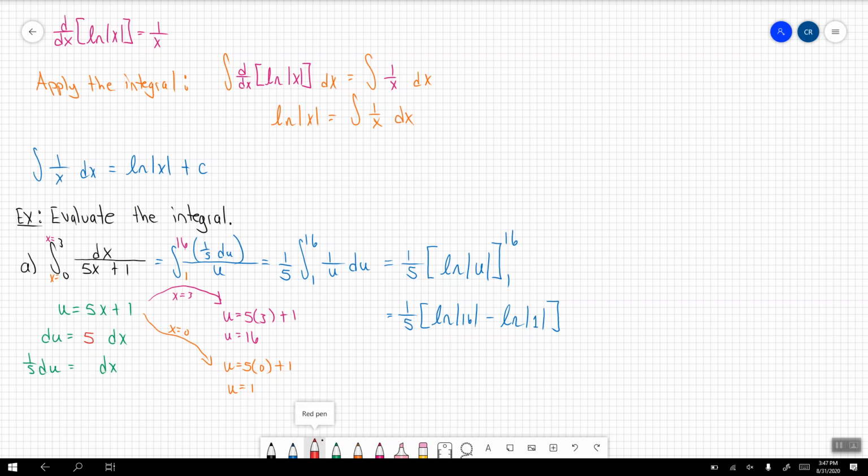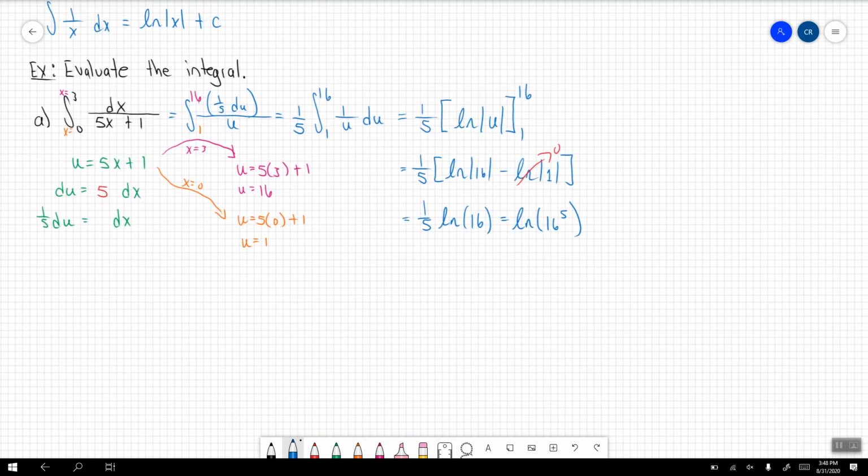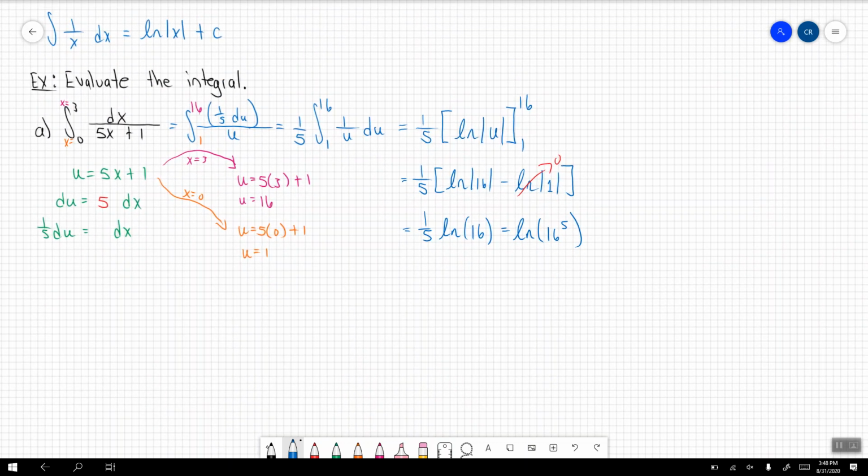Natural log of 1 is just 0. The absolute value of 16 is just 16, which means we're left with natural log of 16 divided by 5. Or you can say natural log of 16 to the power of 1/5. Whichever one of these answers is completely correct. And that is the first example, part A.